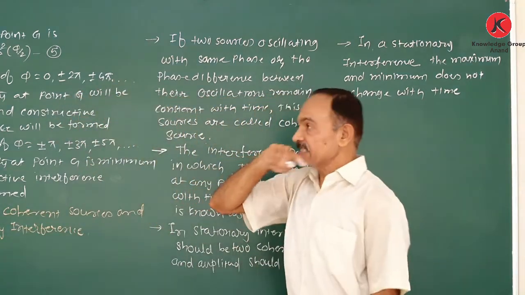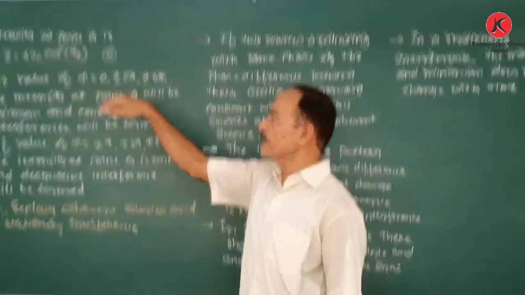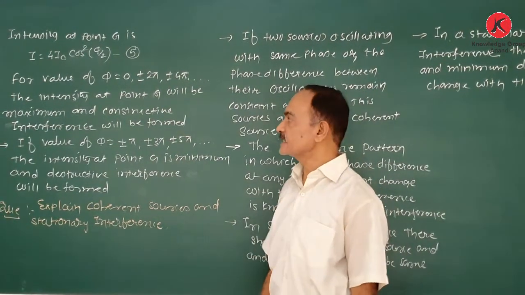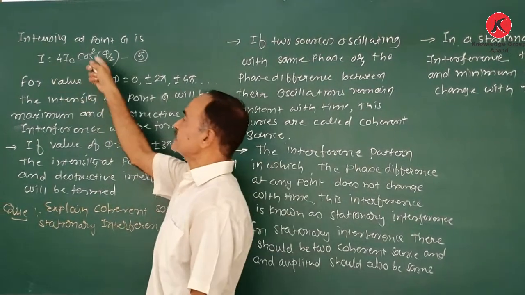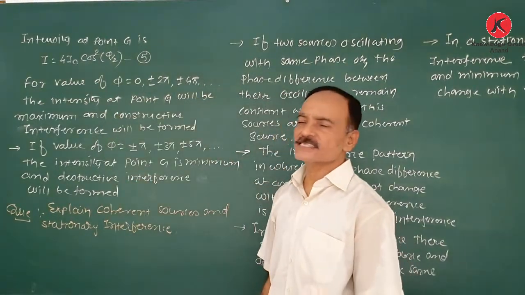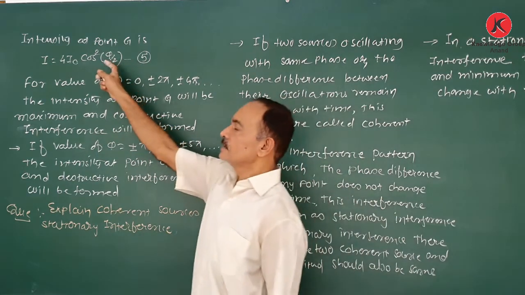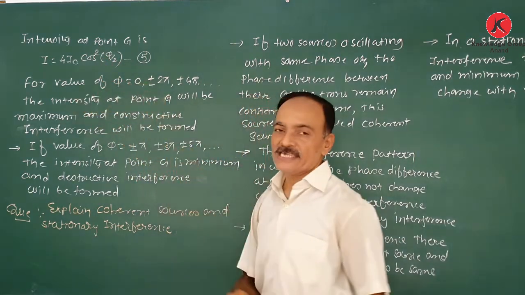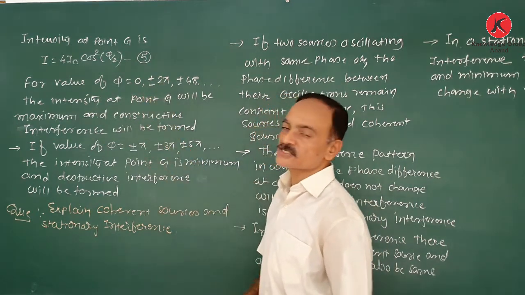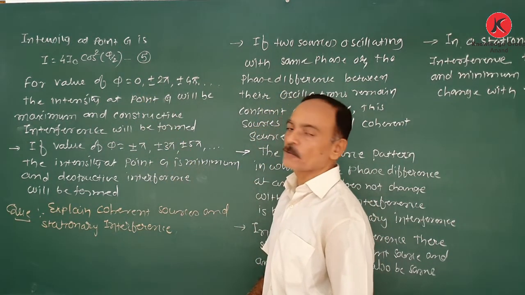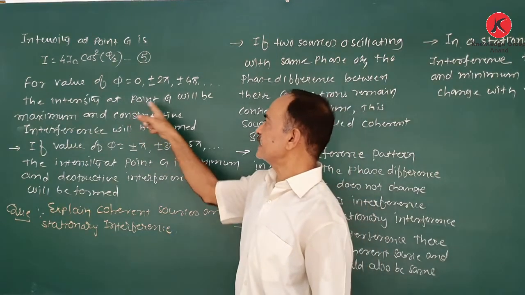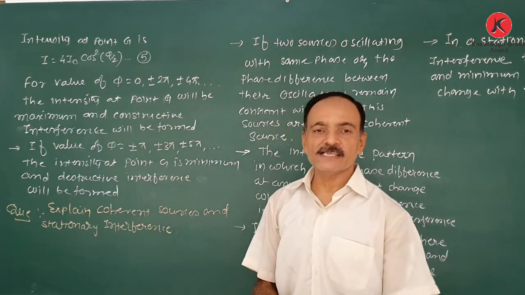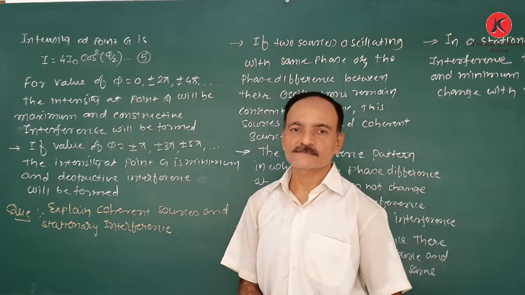Again, last we discussed the equation of intensity I equal to 4I0 cos square phi by 2. Here the intensity depends on the phase difference at any point, the phase difference between the superposed two waves. For phi equal to 0, plus or minus 2 pi, plus or minus 4 pi and so on, the intensity at point G will be maximum and constructive interference will be formed at that point.